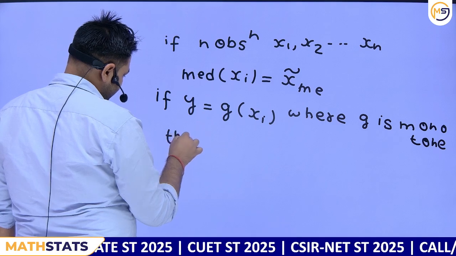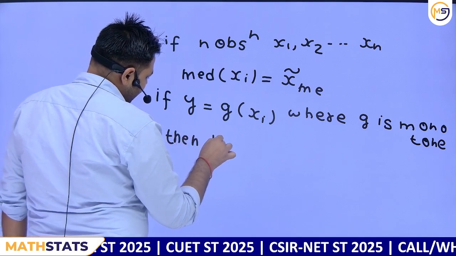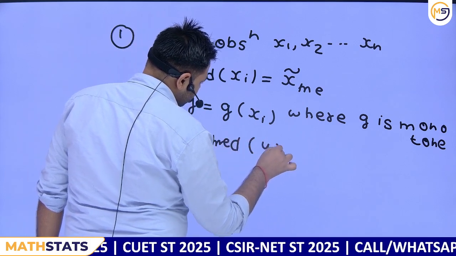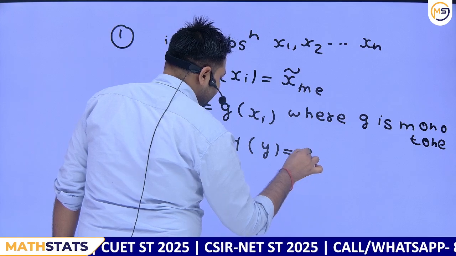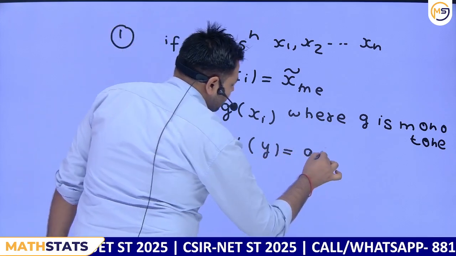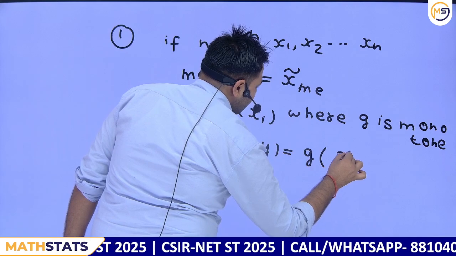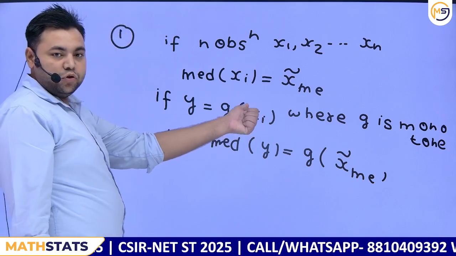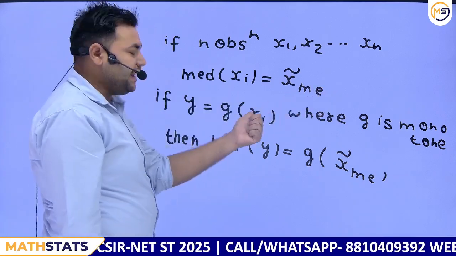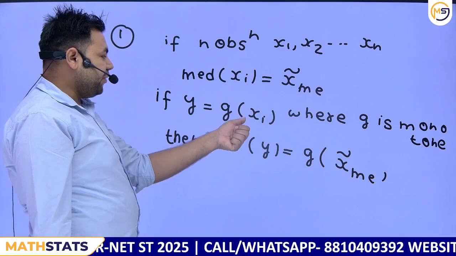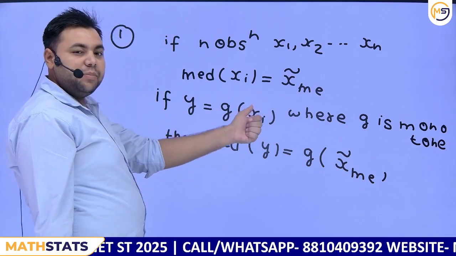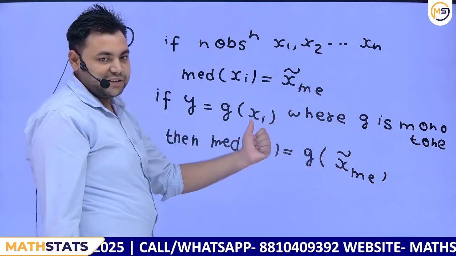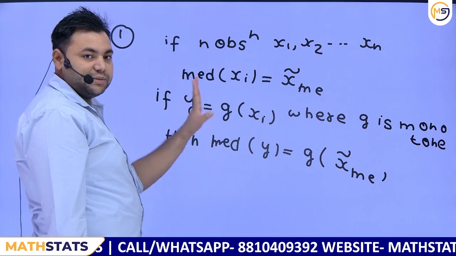Then the median of y equals g of x tilde median. Means if g is a monotone function, increasing or decreasing, then the median of y is obtained by just putting the value of the median in the function. So this is the property of median.